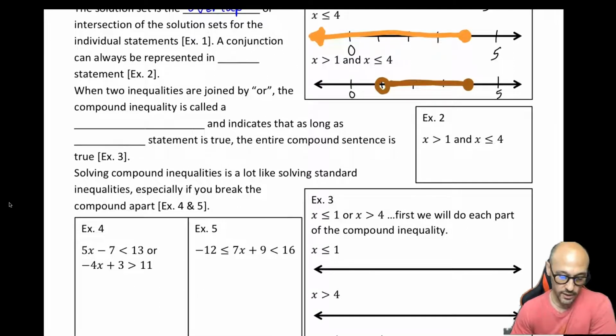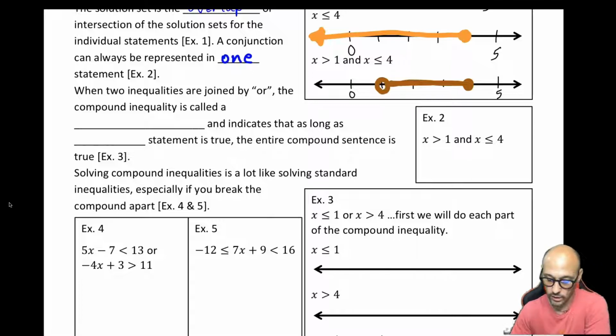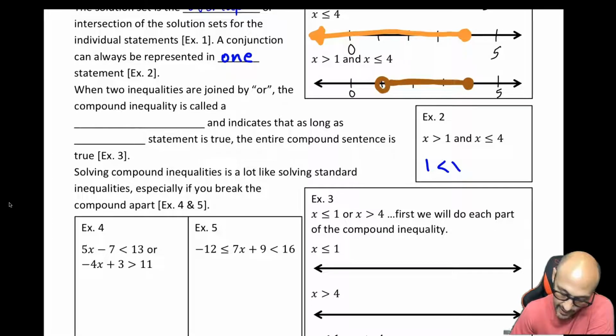A conjunction can always be represented in one statement. The way that we can do that, this is only for conjunctions, is we could rewrite this part right here, x is greater than 1, as 1 is less than x.